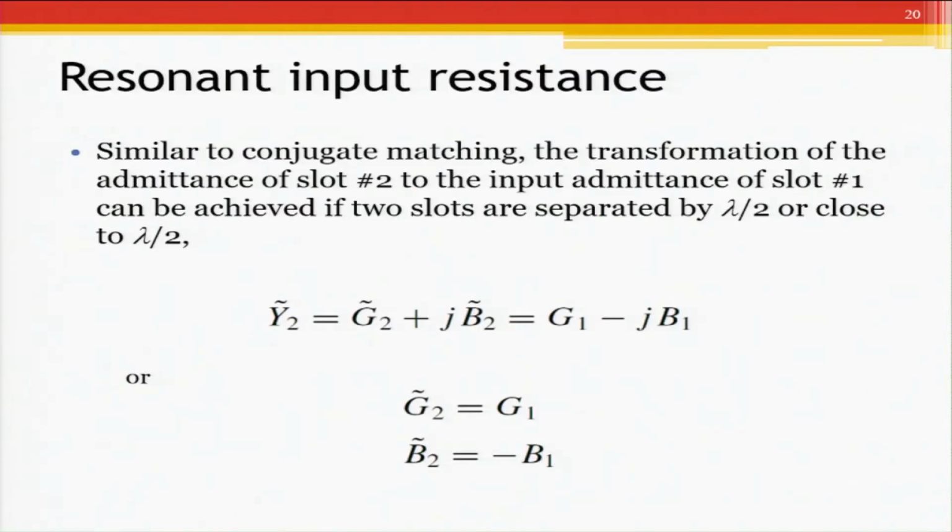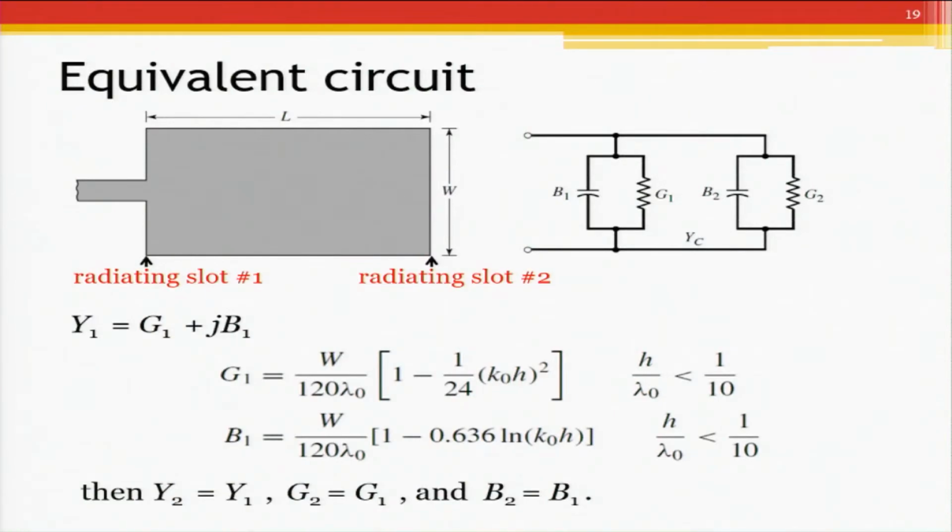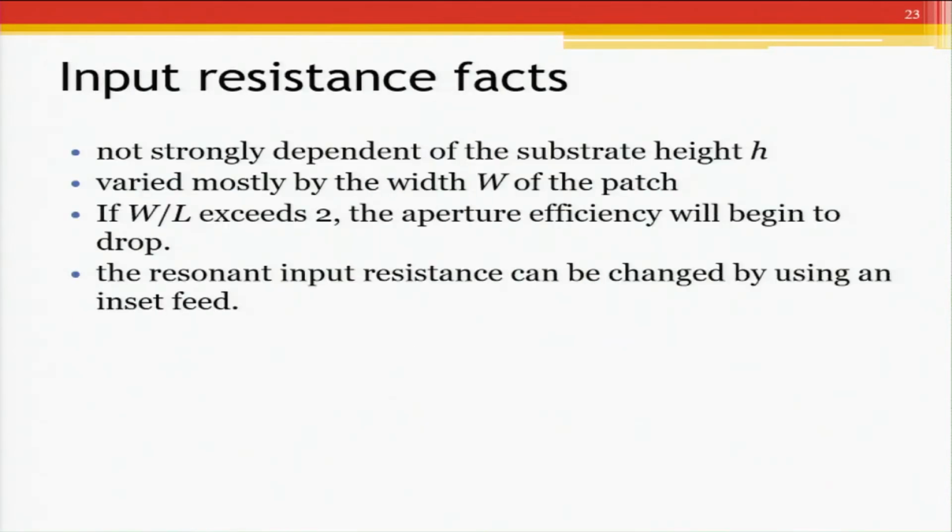As you can see in these equations, there is this W in front of the bracket, but k0 and h are inside, divided by 24, and here 0.636. So that's why h is not so involved or not so concerned in input resistance.